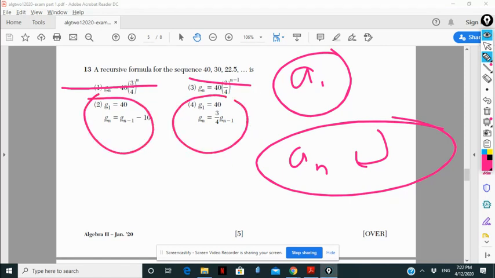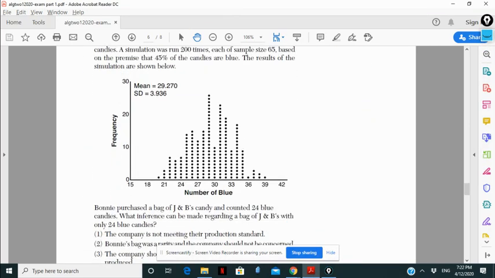Now I'm going to see 40 to 30, that's minus 10. 30 to 25, it's not minus 10, so it's not arithmetic. So in that case, I have to cancel the arithmetic one. So this one doesn't work. So 4 is working because it's geometric. I have a rate. So the answer is 4. Question number 14.